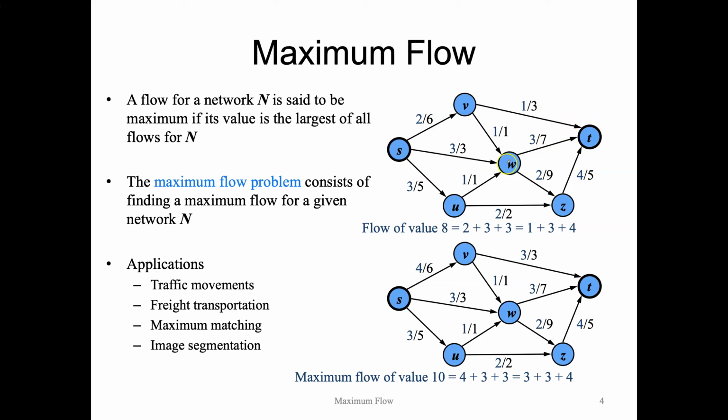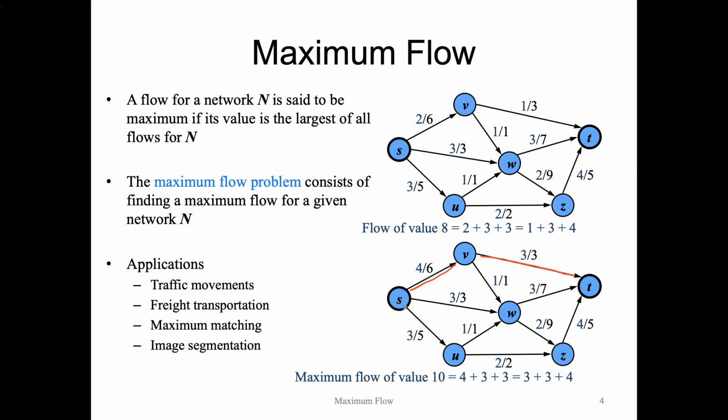But this is not maximum, because instead we could increase this flow in some way, and this is shown in the below graph. Exact same graph, except we've changed the flow value. So here we've increased exactly along this path, in fact. We increased how much, let's say, water we're sending from the source to the sink. So the flow value of this graph is 10.